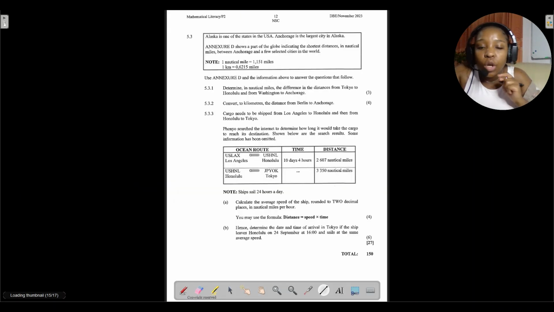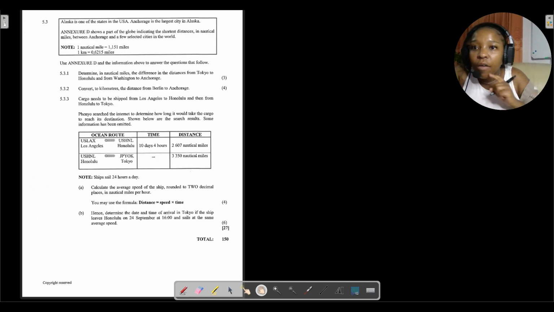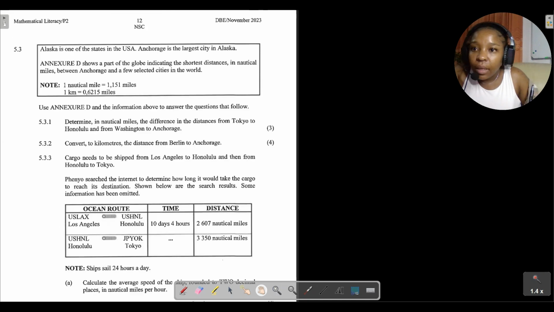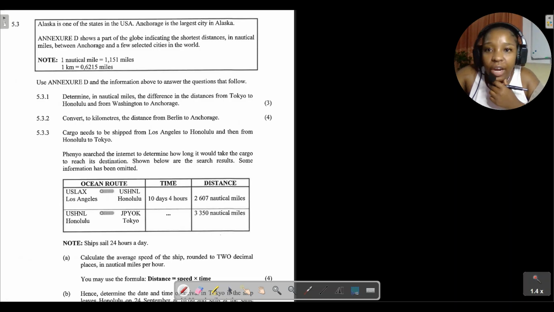Right, last question. Question 5.3. Let me zoom in a bit. Alaska is one of the states in the USA, United States of America. Anchorage is the largest city in Alaska.